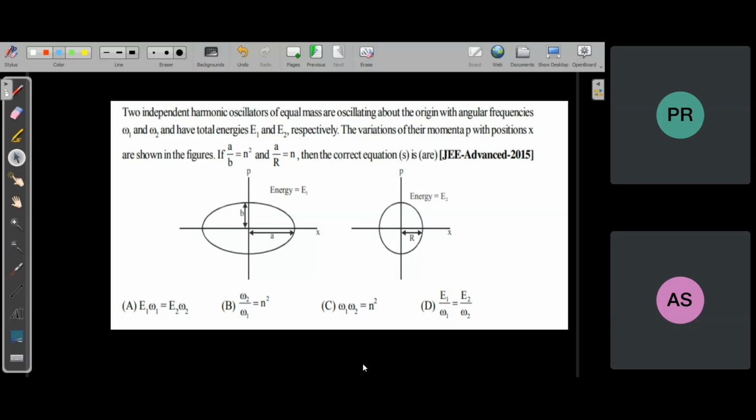Momentum versus position graph is there. Is it visible clearly? Yes, sir, it is visible. Okay, so then try this question.